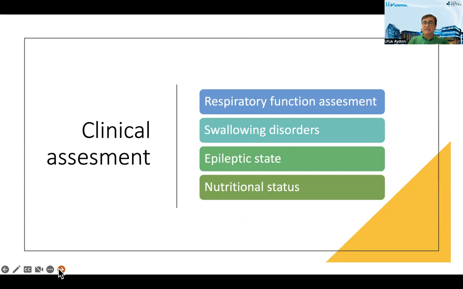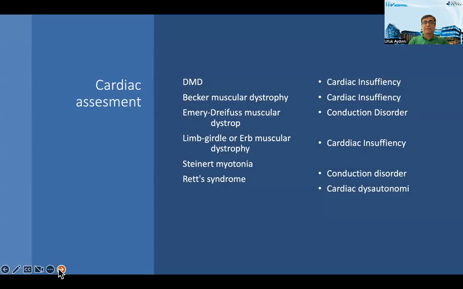In the clinical assessment before surgery, the respiratory function assessment is very important for the outcome of the surgery. Swallowing disorders also have a strong effect on complications, as does epileptic state, and most importantly, the nutritional status should be very well evaluated and controlled before and after the surgery.